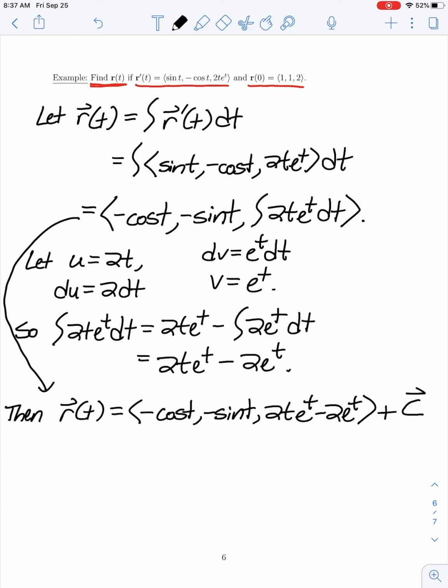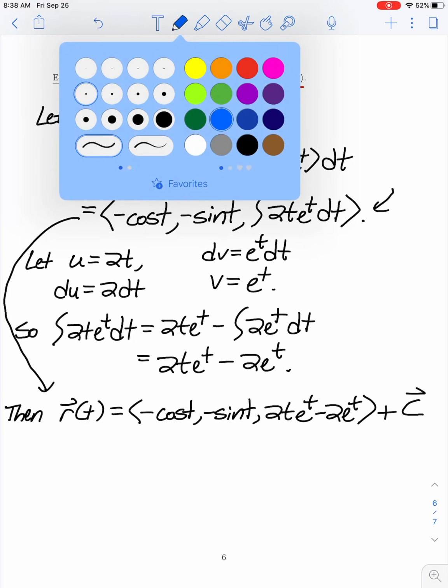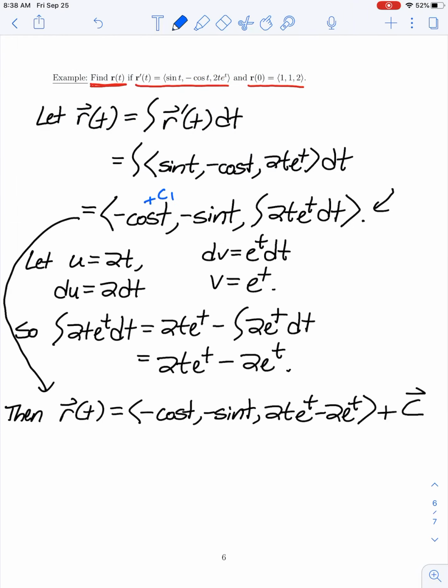Alternatively, another way that you might prefer to view this is that when we find the antiderivative of these components, you could think about adding an arbitrary constant to each of them, say plus C1, plus C2, and plus C3, which I could then group together as my antiderivative plus a vector C, where this vector C would have components C1, C2, and C3.